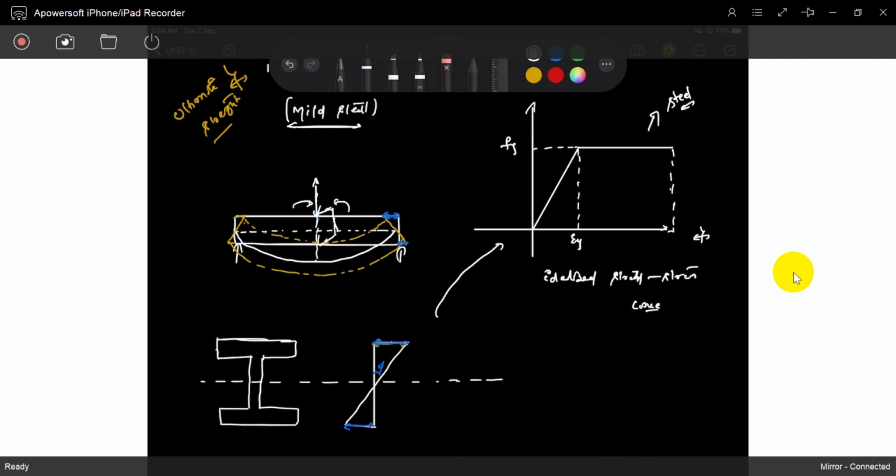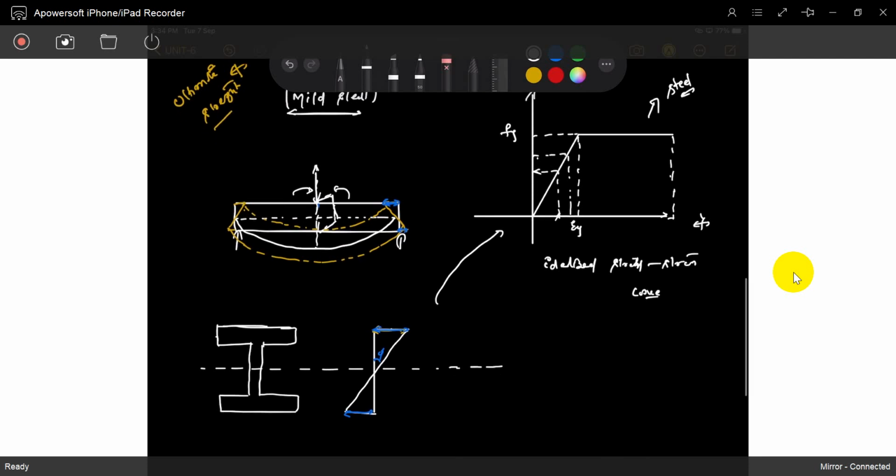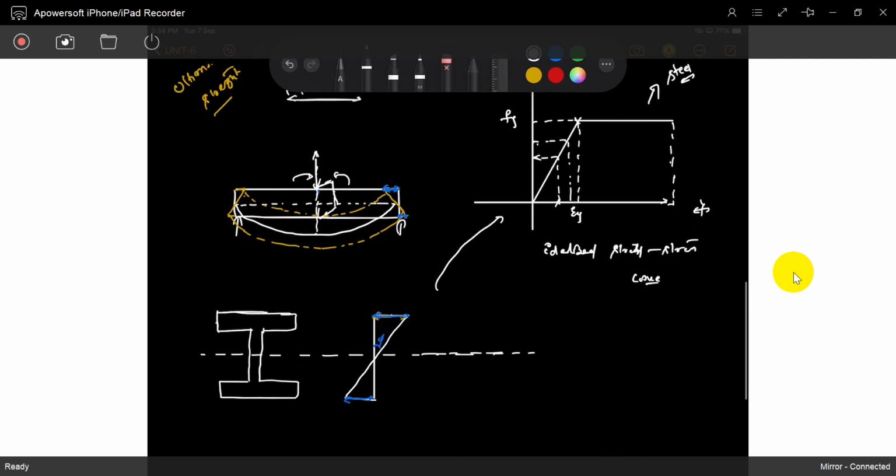For this strain, this is the stress. How much we applied decides the strain, and based on that strain, you get the stress. Most probably, up to the yield point we take it as linear, so the stress diagram also comes similarly. This is the strain, this is the stress.